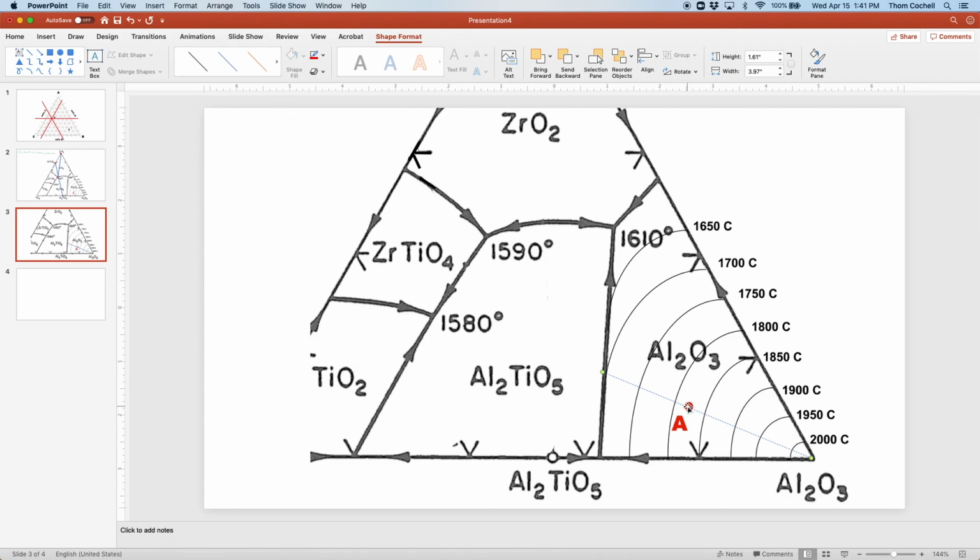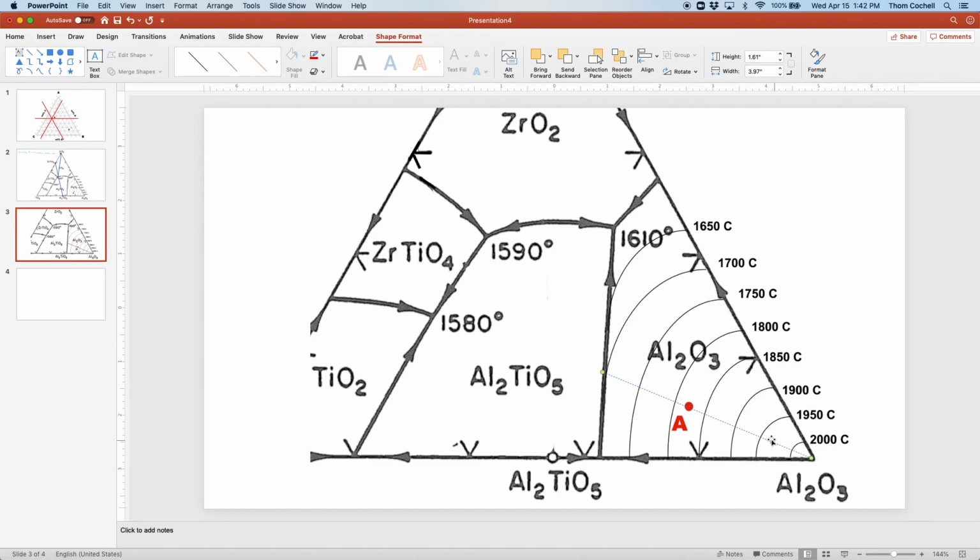And we know the liquid is going to change composition as we form more and more of the solid. And so it is going to follow a tie line between the composition of the liquid and the solid. So the solid has a composition of Al2O3, so here. And then it's going to be a tie line between that. So a line between those, and then it runs through A as well.